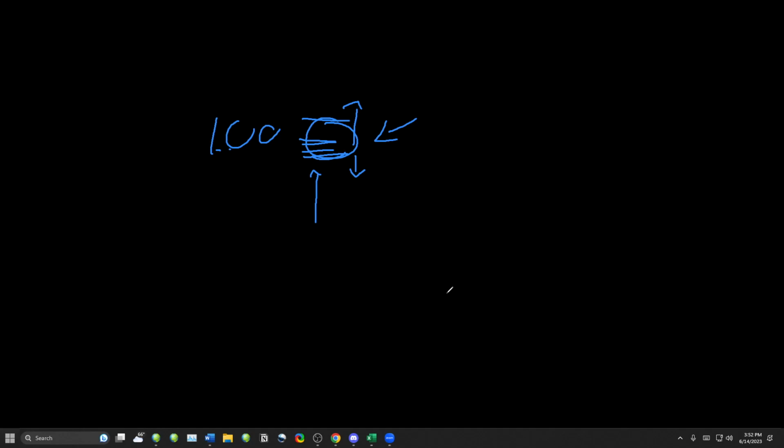Quantifying tape reading skills depends on what you mean by that. If you're reading from a DOM, there are ways to quantify that. If you're reading a footprint, there are ways to quantify that. And if you're reading cumulative delta, there are ways to quantify that. So I really can't answer it specifically, but for example, with a DOM, quantifying it would be looking for specific setups and how they occur in the specific variables that come with them.